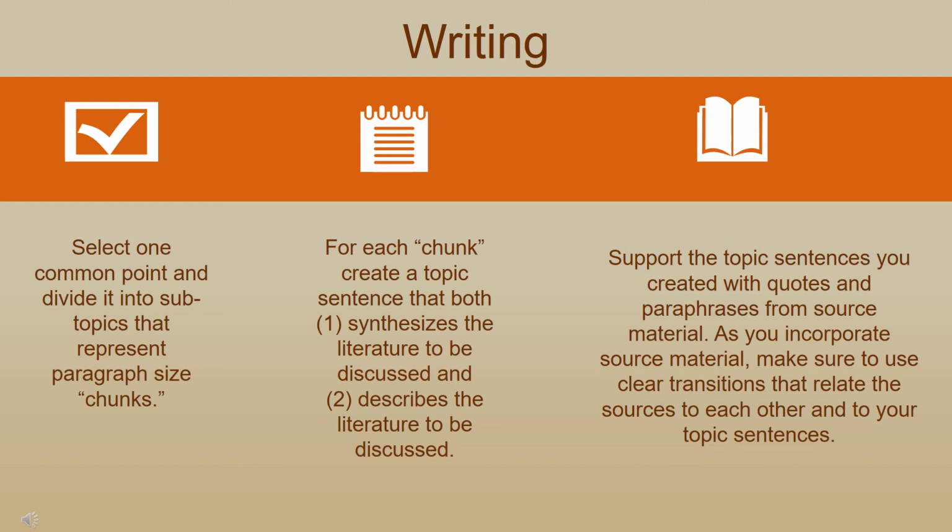Support the topic sentences you created with quotes and paraphrases from source material. As you incorporate the source material, make sure to use clear transitions that relate the sources to each other and to your topic sentences.